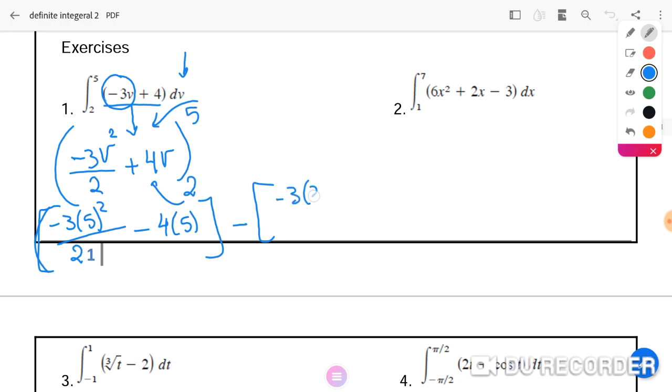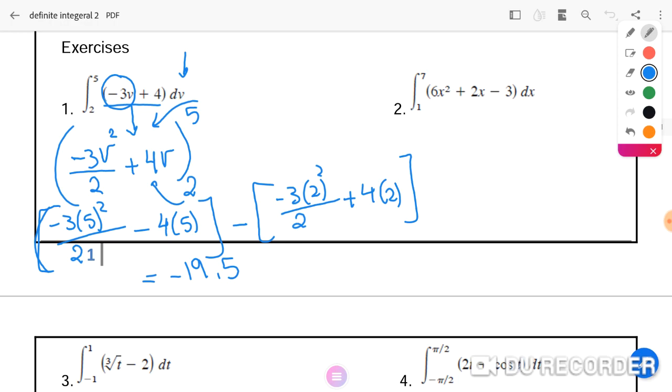Negative 3 multiplied by 2 to the power 2 over 2 plus 4 multiplied by 2. Use your calculator and find the answer. You can find the value of the first bracket, then the value of the second bracket, okay, and you can enter this expression in your calculator, but take care of the brackets, okay. It will be what? Negative 19.5. So trivial.